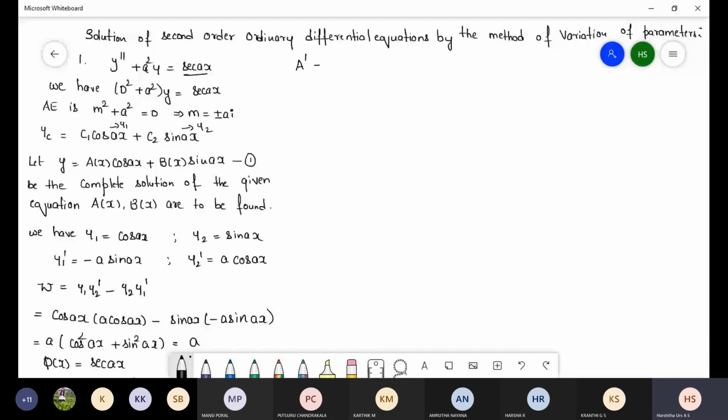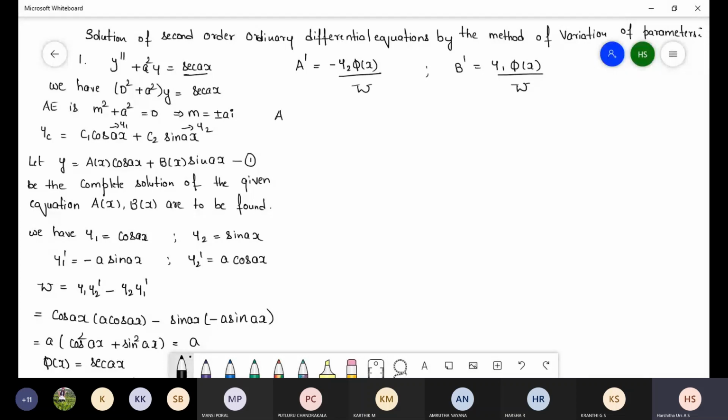A dash we have a particular formula: A dash is equal to minus y2 phi of x divided by W, and B dash is equal to y1 phi of x divided by W. Don't write it reversed, write it properly. This is the respective formula for A dash and B dash.